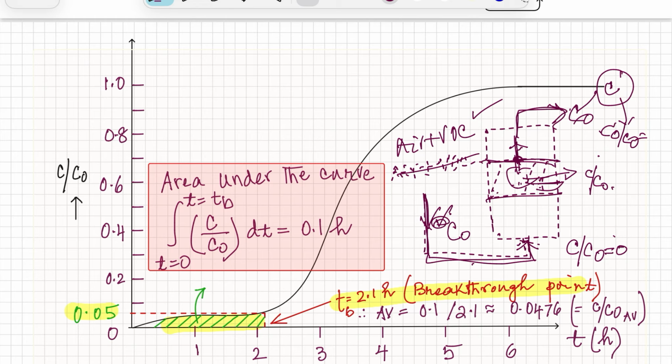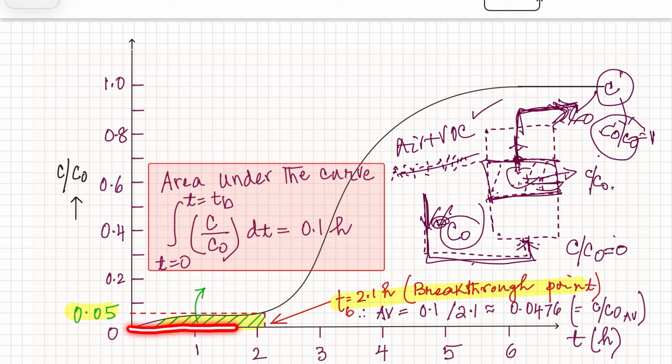This is called spent, and whatever concentration comes in, the same concentration goes out, and therefore this becomes equal to 1. That's what we are showing here. If we plot C over C0 against time, initially it goes something like this.